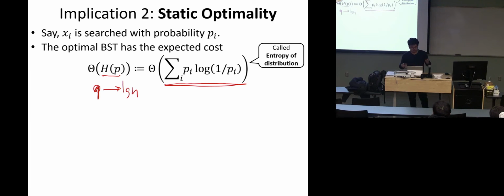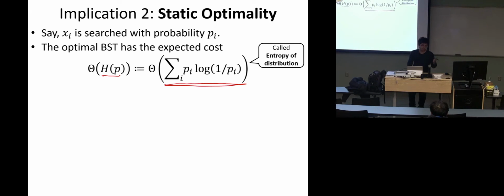That's the cost of the optimal binary search tree up to constant. And this is the best: given any search sequence, you can compute the frequency of the search sequence, and then you know exactly what is the best possible tree, whose cost is like that.